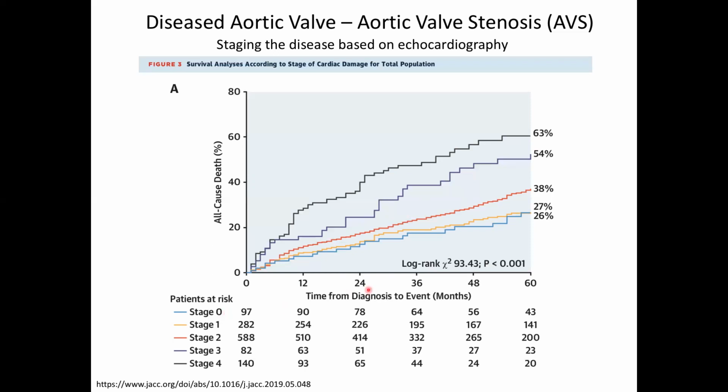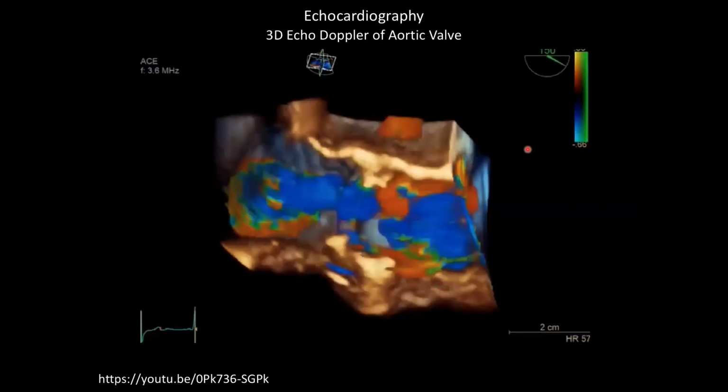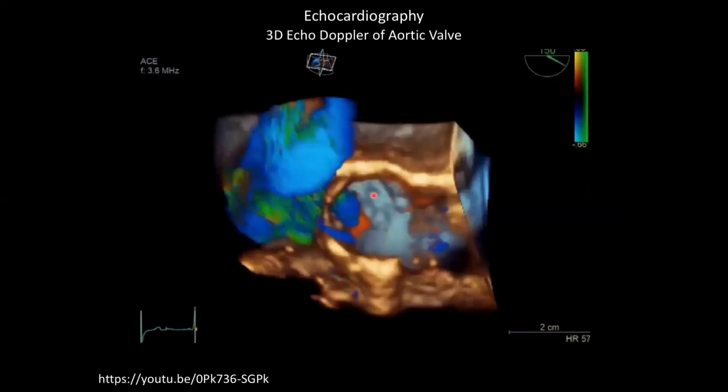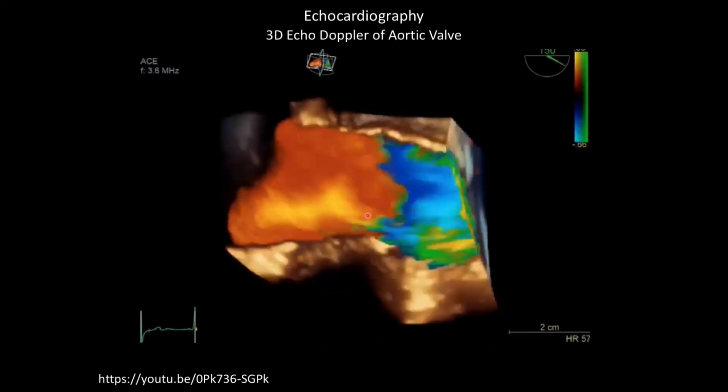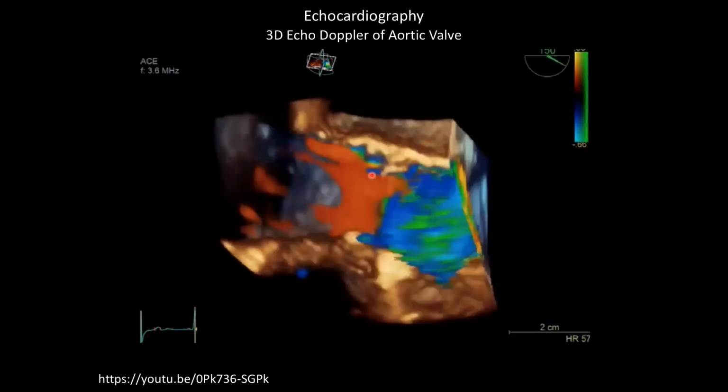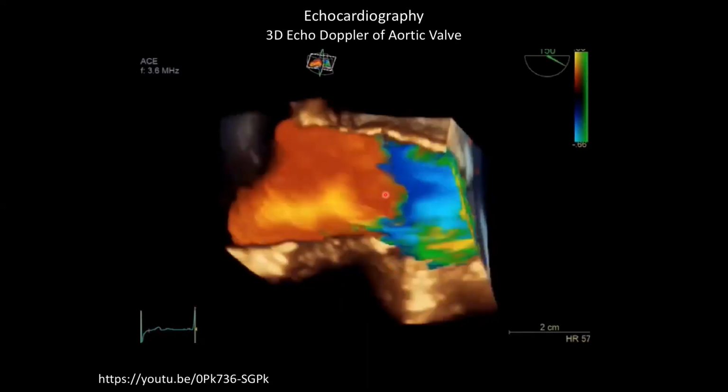If they wait until they're at stage 3 or 4, it's not a good thing. You should probably get in there before these other things start falling down. And again, nowadays they have all these amazing images, I'll show you some other 3D pictures of valves and stuff like that. So an aortic valve opening and then remaining really nicely closed here.